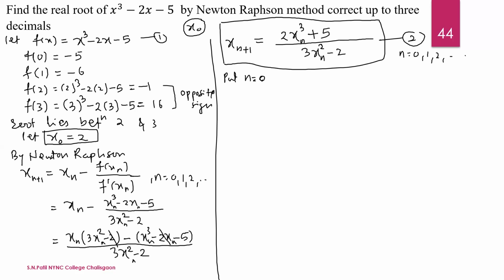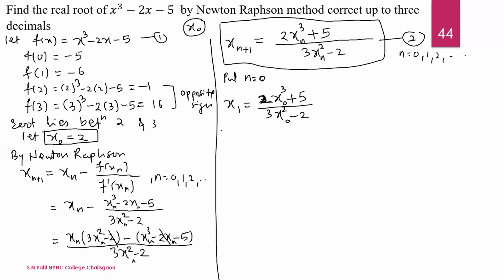Then we get x1 is equal to 2 times x naught cubed plus 5 divided by 3x naught square minus 2.